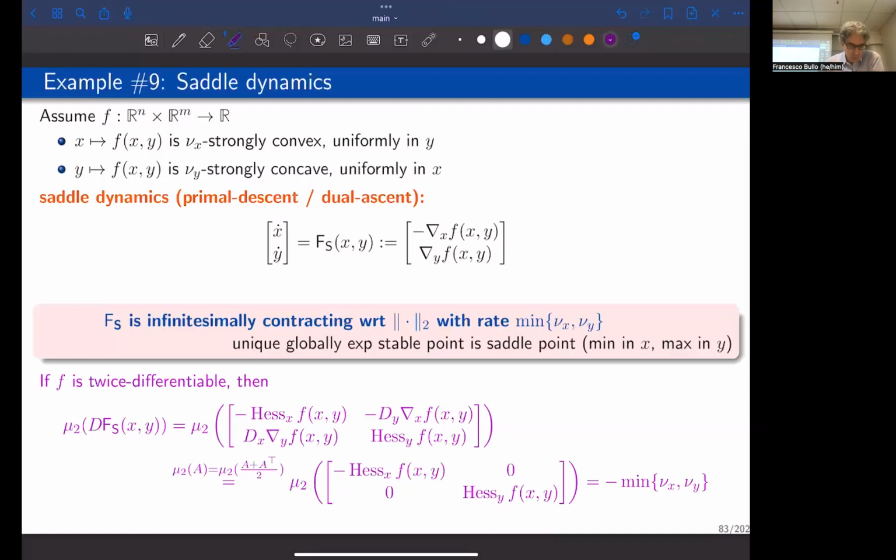Twice differentiable. So to prove contractivity, I need to study the log norm of the Jacobian. And I am using the 2 log norm.